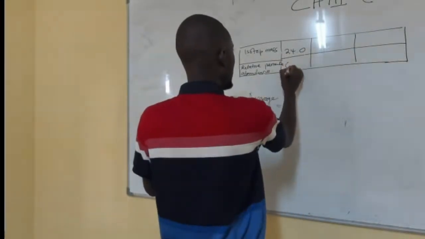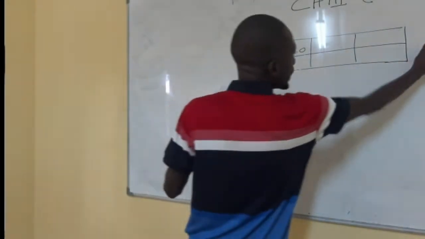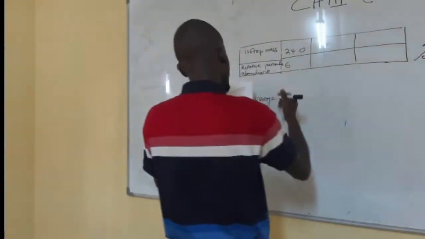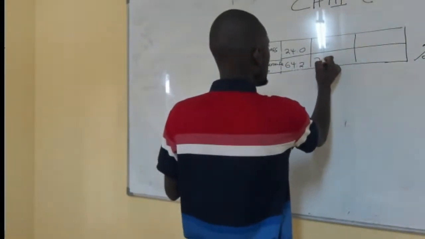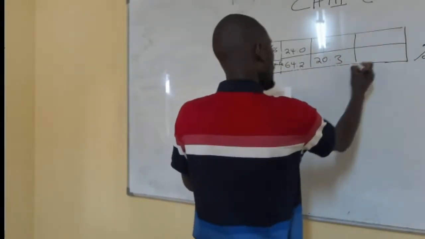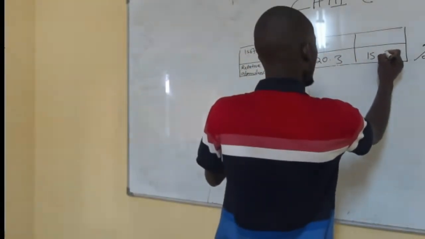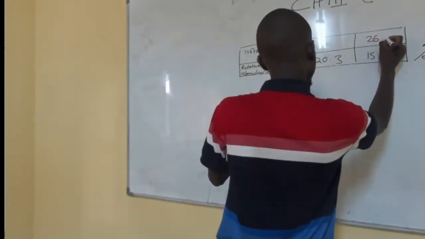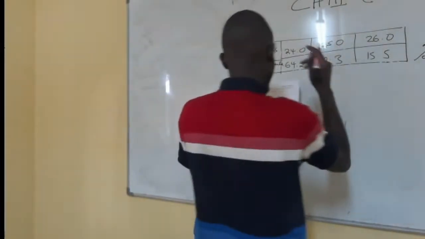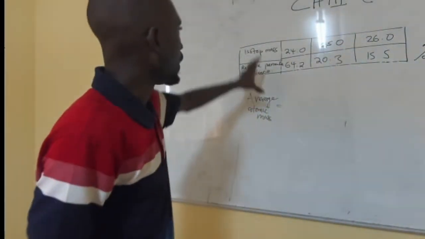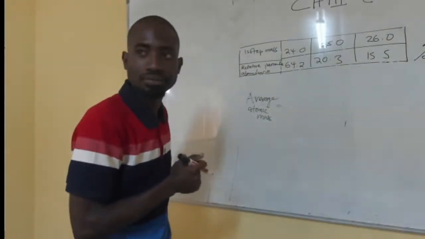Then you also had the percentage. Mind you, these are in percentages. So you need to take note. 64.2. Then you had 20.3. Then you had 15.5. Then 26.0. Then 25.0. Yes. So this was the table that you had.